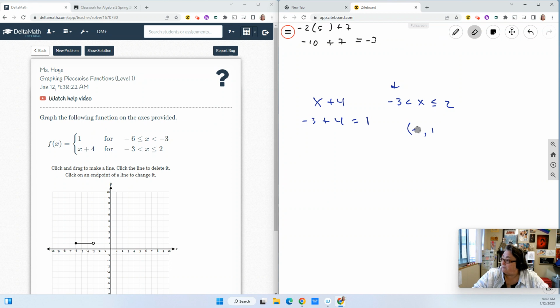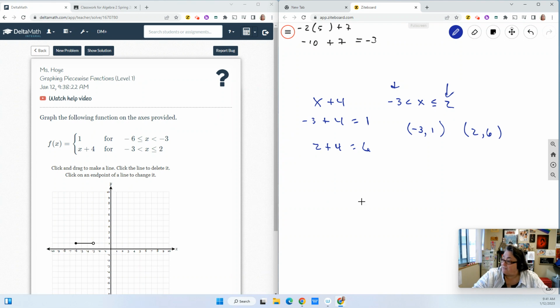So when I plugged in negative 3 for x, what I got back out was 1. That's my first point. Now I'm going to do the same thing with our end point here, this 2. So when I plug in 2 for x and x plus 4, it would be 2 plus 4 equals 6. So our second point would be 2, 6.